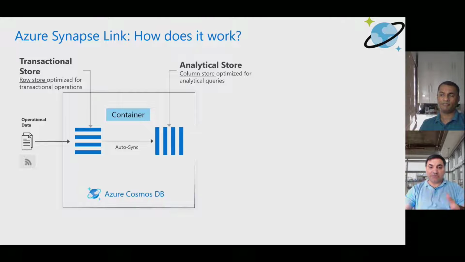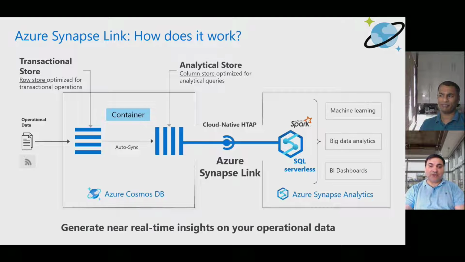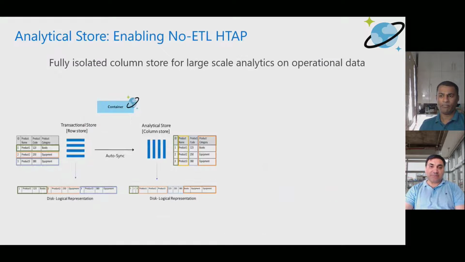The analytical store is a column store, ready for analytical queries. It does compression, and this movement is completely managed by us, as well as auto synchronization. You perform queries on the analytical store using Synapse Link, and you can use a SQL serverless pool or Spark to perform your offline jobs. It could be machine learning, big data, Power BI dashboards, etc.